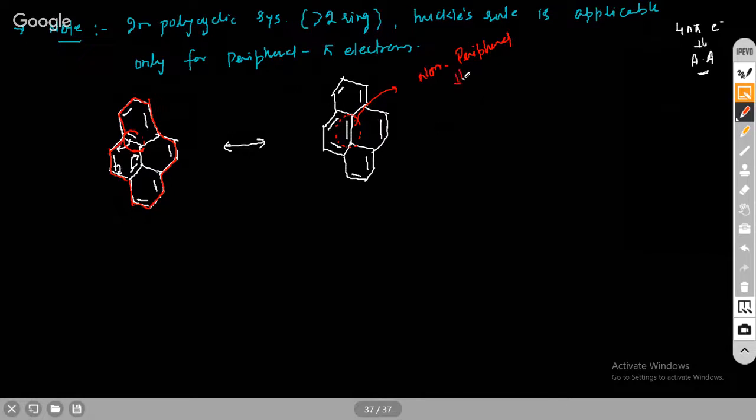This non-peripheral one we will not consider for Huckel's rule. So the number of pi electrons for Huckel's rule will be 7 into 2, 14 pi electrons, and for n equals 3 it follows Huckel's rule, and hence the compound is aromatic. Is it clear?